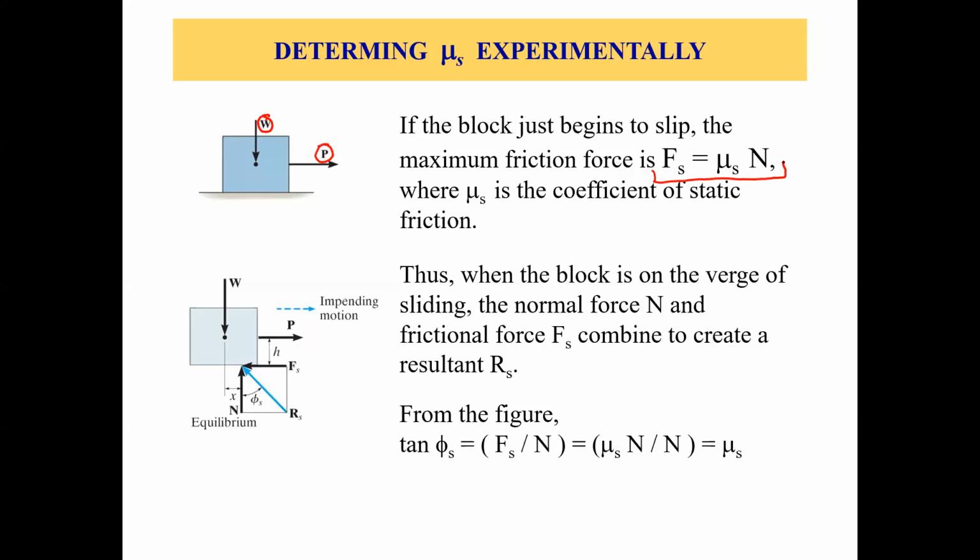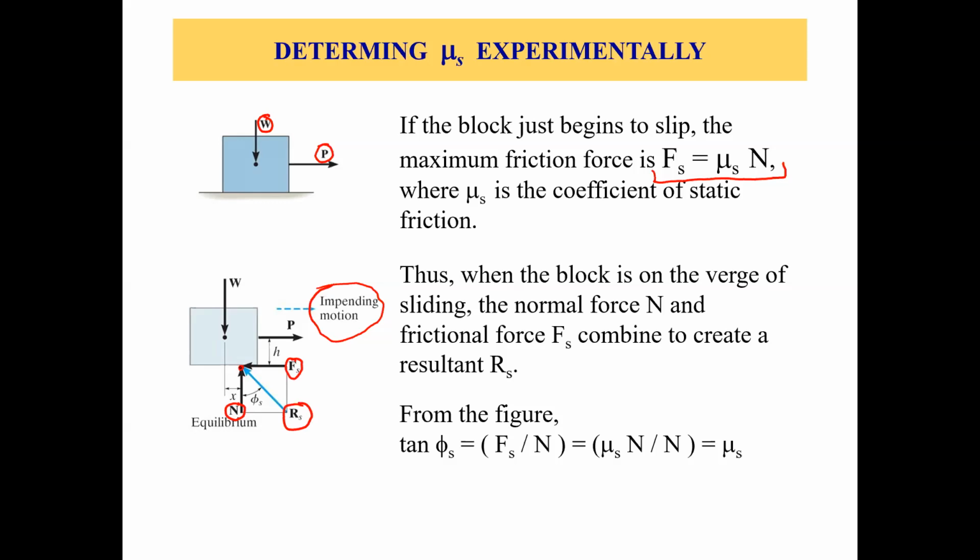Now, when the block is on the verge of sliding, the impending motion, the normal force and the friction force Fs combine to create a resultant Rs. As we discussed a couple of slides earlier, we have the static friction force, the normal force, and the resultant force, let's say Rs, of this friction force and the normal force, because they are acting at one point.